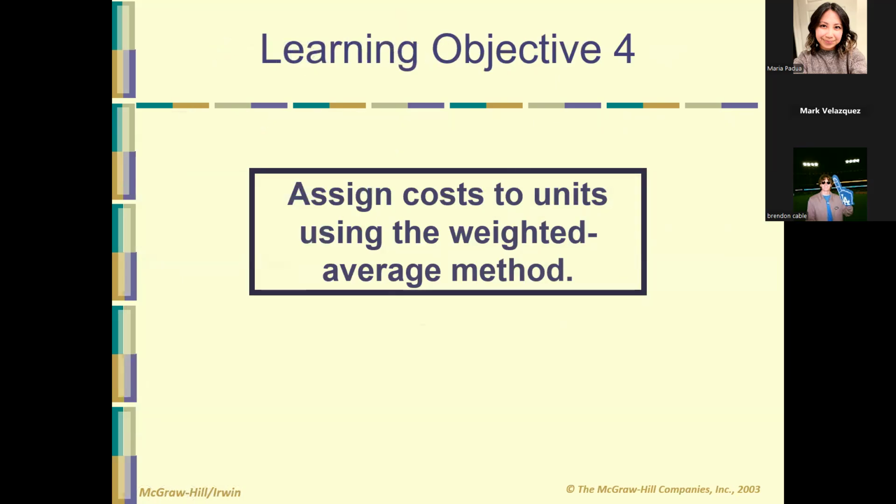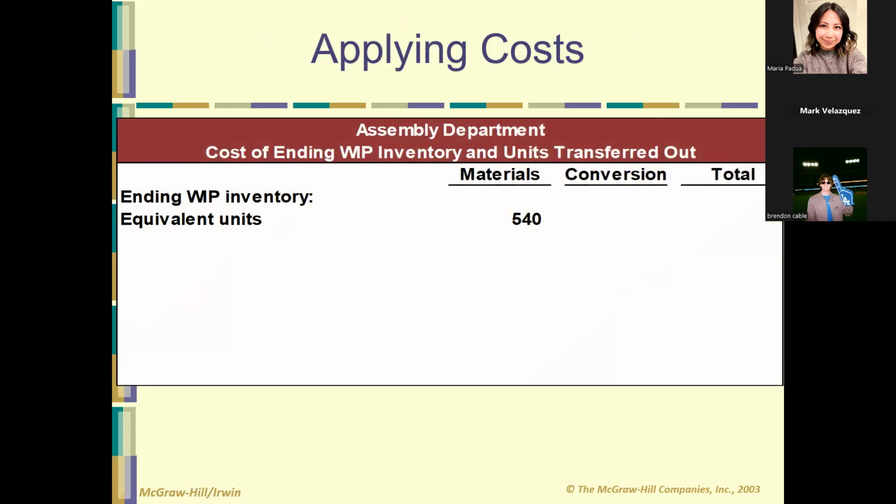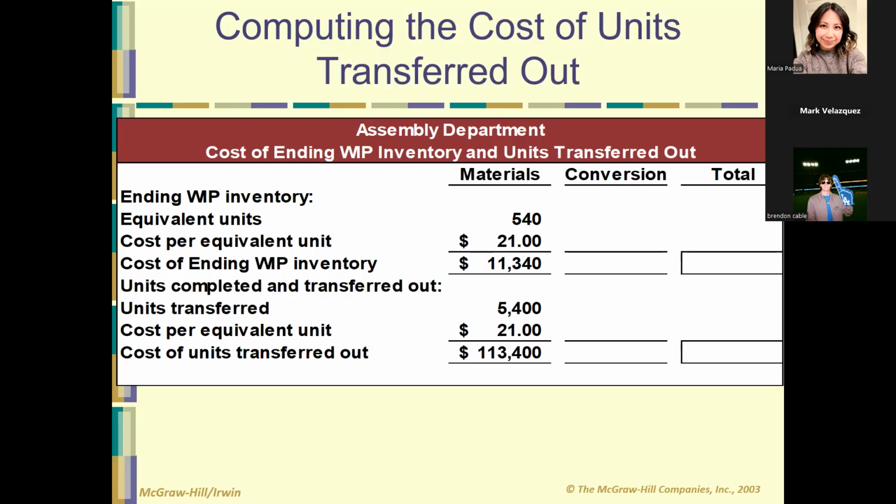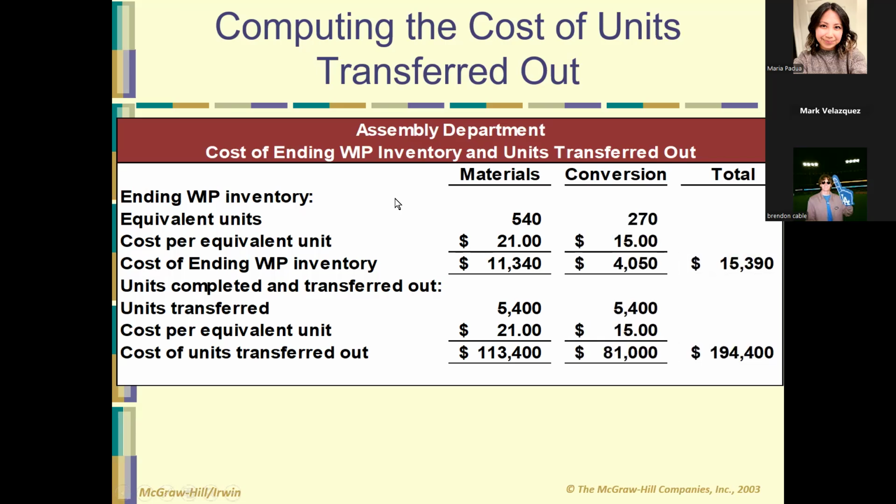Assign costs to the units. Okay, let me just move something here. Here is our template again. This is called the reconciliation. Remember, we had an ending inventory of 540, times the cost per equivalent unit gives us what's in the inventory.